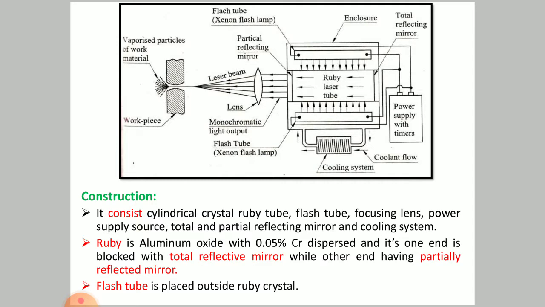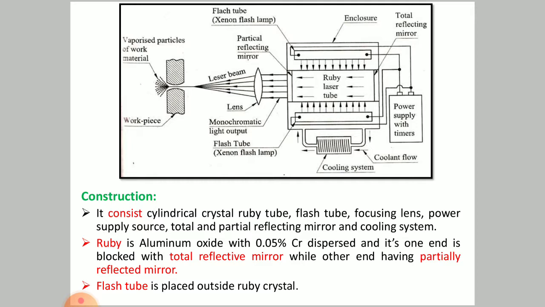Here you can observe a ruby crystal at the central portion. That ruby crystal is nothing but aluminum oxide doped with chromium ions. Around 0.05% of chromium ion is doped into the ruby crystal.